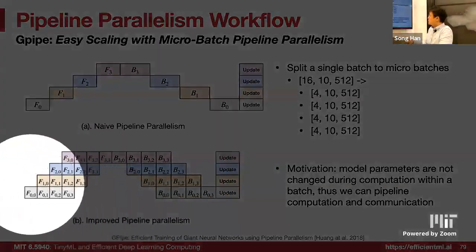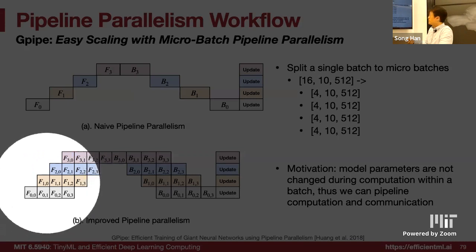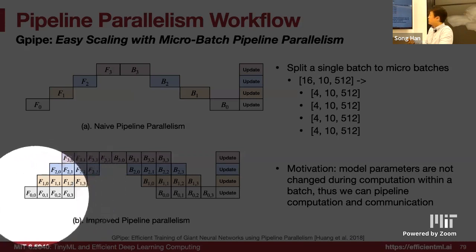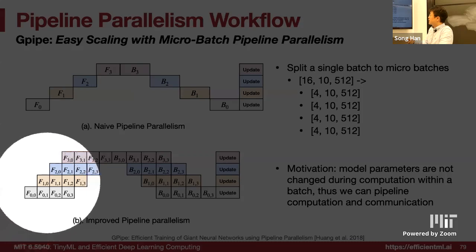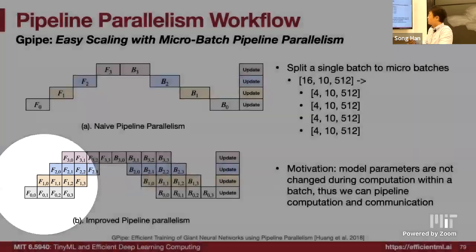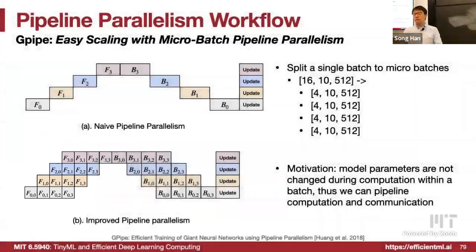After GPU 0 completes F00, it can hand the data to GPU 1 to compute F10, and GPU 0 continues to compute F01. In this way, the bubble is a lot less compared with the naive implementation.